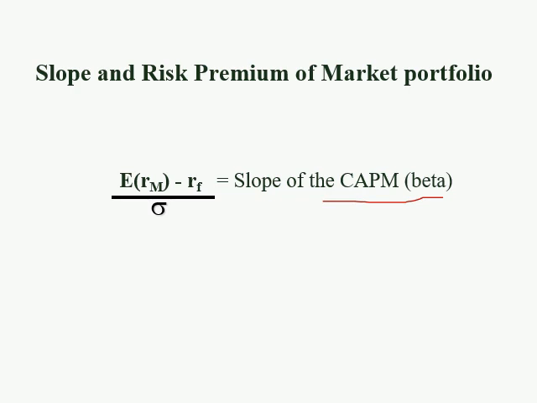The slope of the CAPM beta equals E(R_M), the expected return of the market, minus R_F, that is the excess return of the market, over sigma M. Sigma is the standard deviation. Sigma M is the standard deviation of the market. That is the slope of the CAPM, or beta.